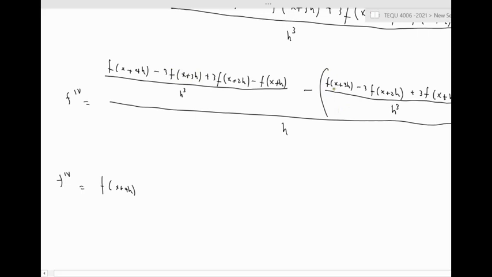This has x plus 3h, x plus 3h. This is negative, and that will be negative, so it ends up being minus 4f of x plus 3h. Now, I have these 3 minus minus, that will be plus, and that will be plus 6f of x plus 2h.